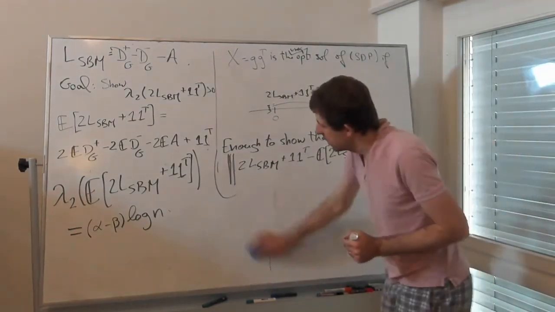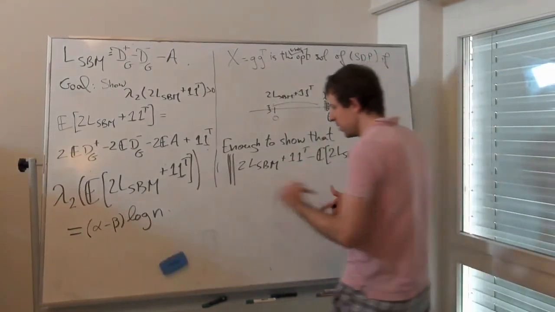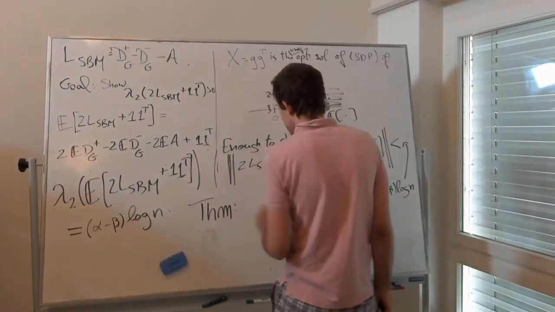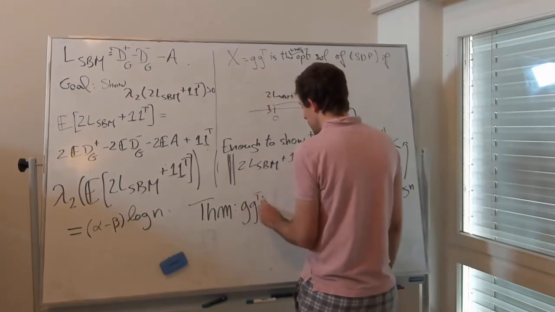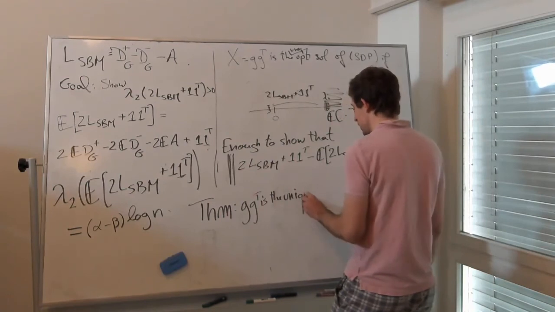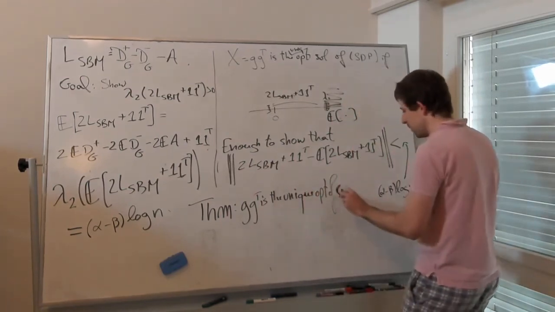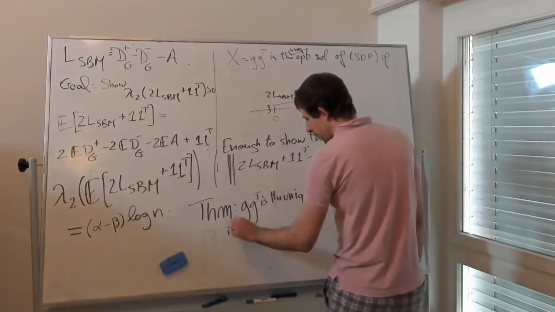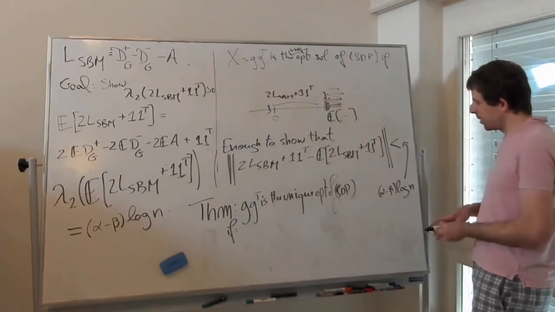So now we get our matrix concentration theorem. Let's write it as another theorem. GG transpose is the unique optimum of the SDP if this spectral norm is smaller than or equal to alpha minus beta log n.